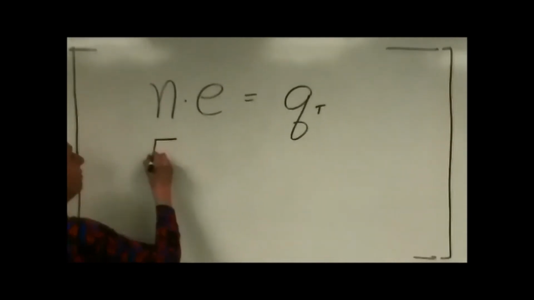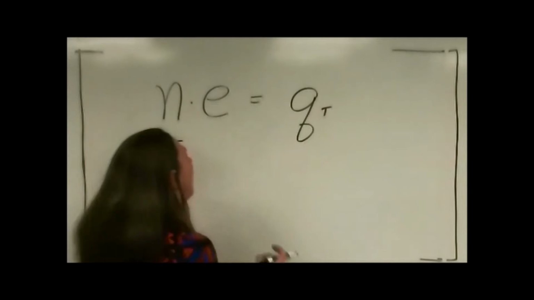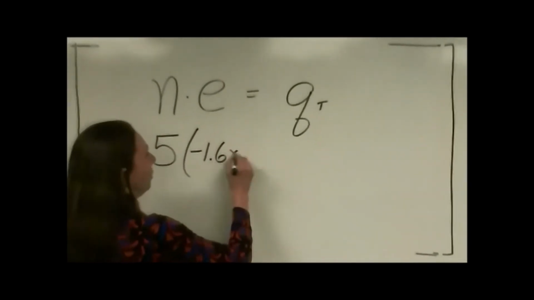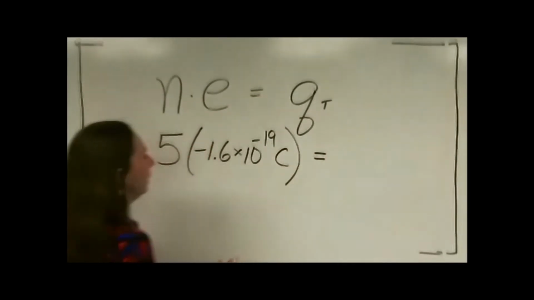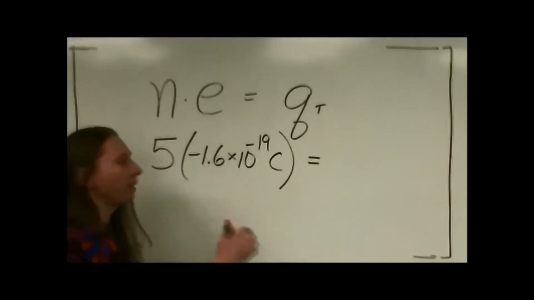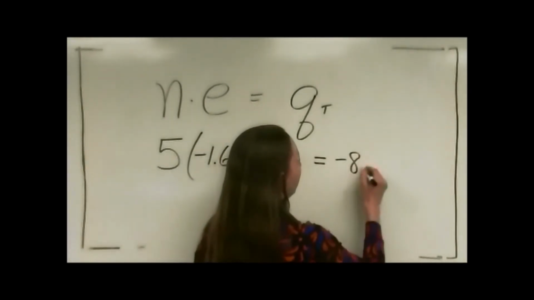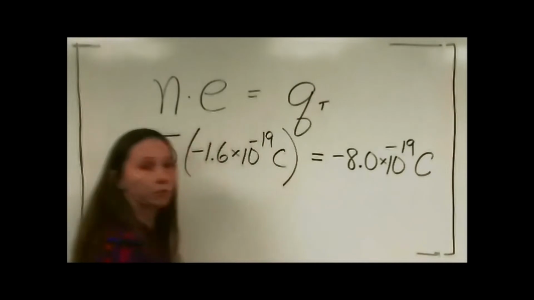If I have 5 extra electrons, and I want to know the total charge on 5 electrons, multiply that by negative 1.6 times 10 to the negative 19 coulombs, and that tells me that the total charge on those 5 electrons is negative. Multiply these, and you get negative 8 times 10 to the negative 19 coulombs.